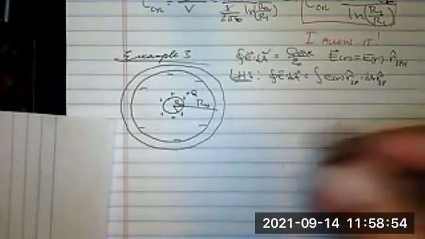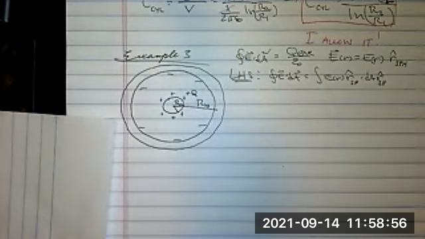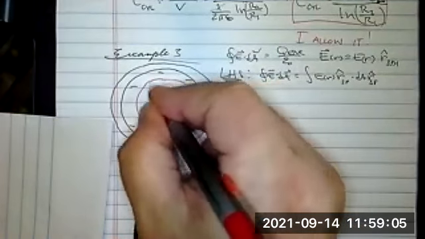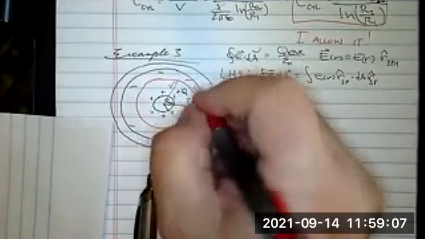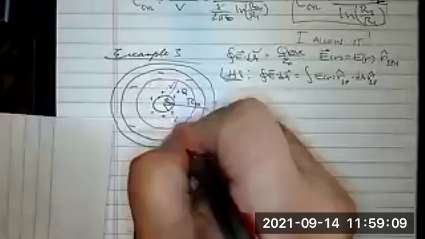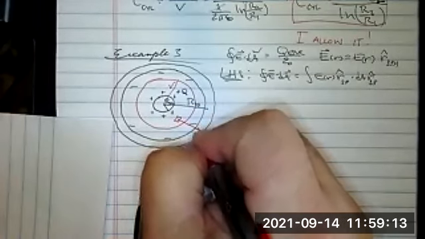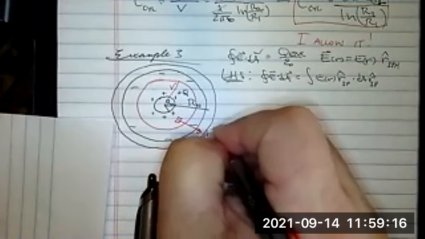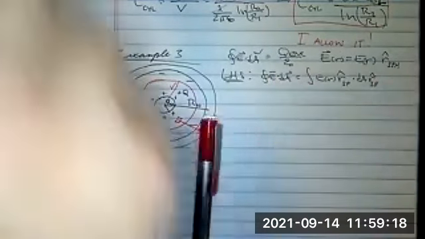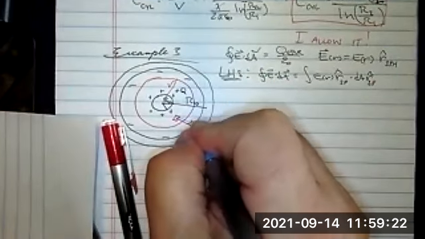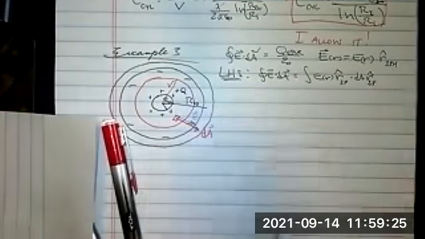Again, using spherical coordinate R hat, not the cylindrical coordinate, so it actually has X, Y, and Z. And in fact, I'm using a Gaussian surface whose radius is R. You can think of the differential area element as being that, and of course the electric field is parallel to that.